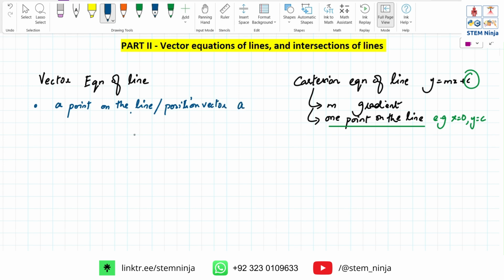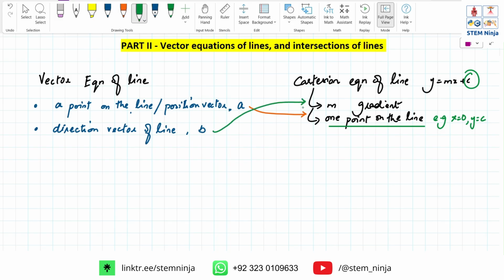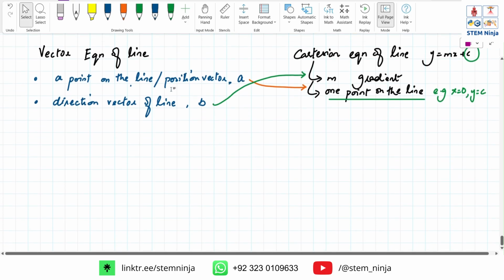Let's call it A. And we need the direction vector of the line, which we can just call B. So a point on the line is similar to this, and the direction vector is synonymous with the gradient, because that's the purpose exactly. Now, how does it look?